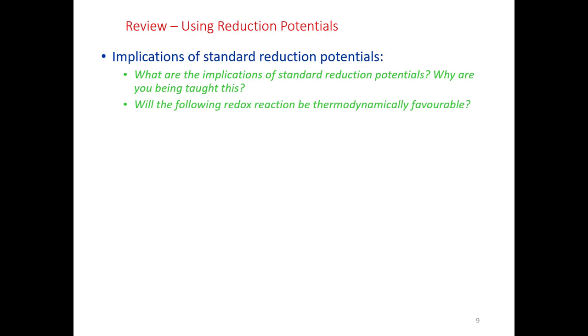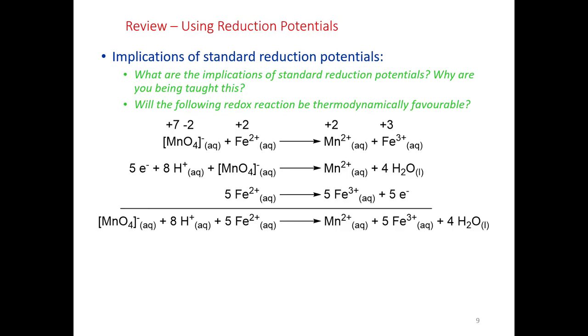Will the following redox reaction be thermodynamically favorable? As this question implies, we can look at reactions and determine their free energy. Using the same example as before, we can see that we have already identified the half reactions for the overall redox reaction.